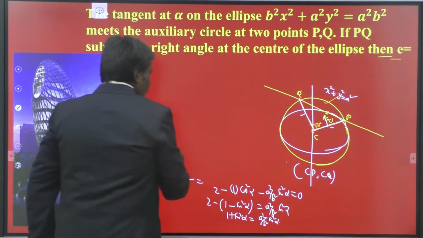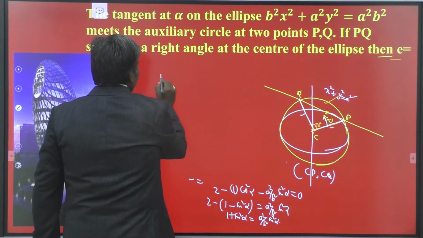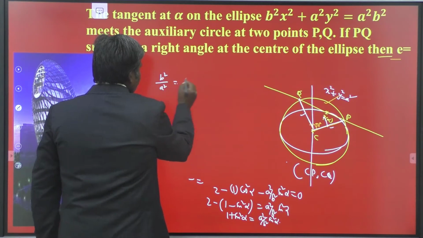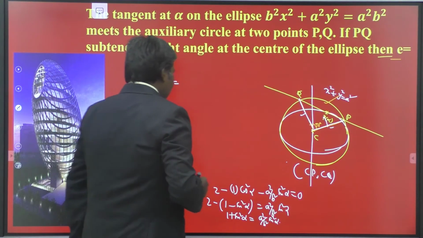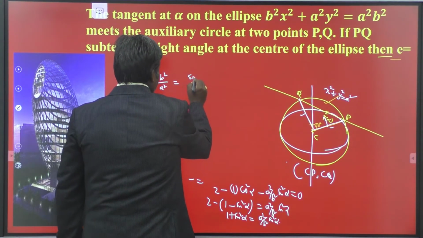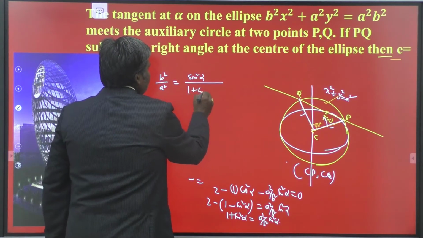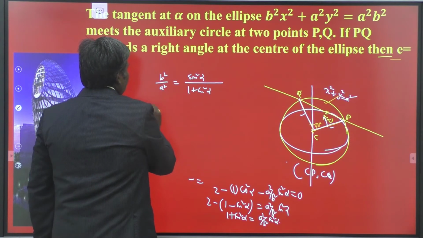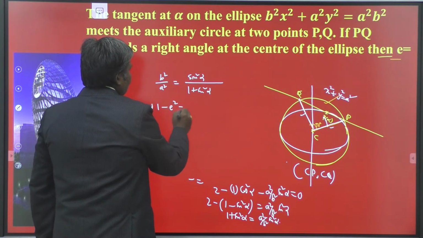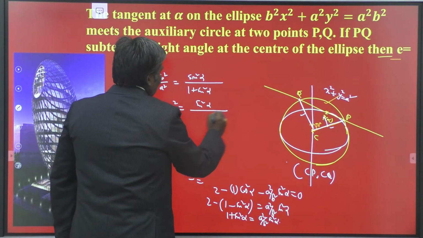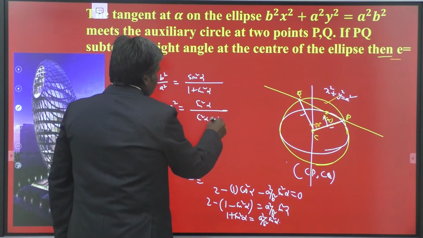Now, b square by a square is what, my dears? b square by a square is nothing but sin square alpha by 1 plus sin square alpha. So b square by a square, which is 1 minus e square, is equal to sin square alpha by sin square alpha plus 1.